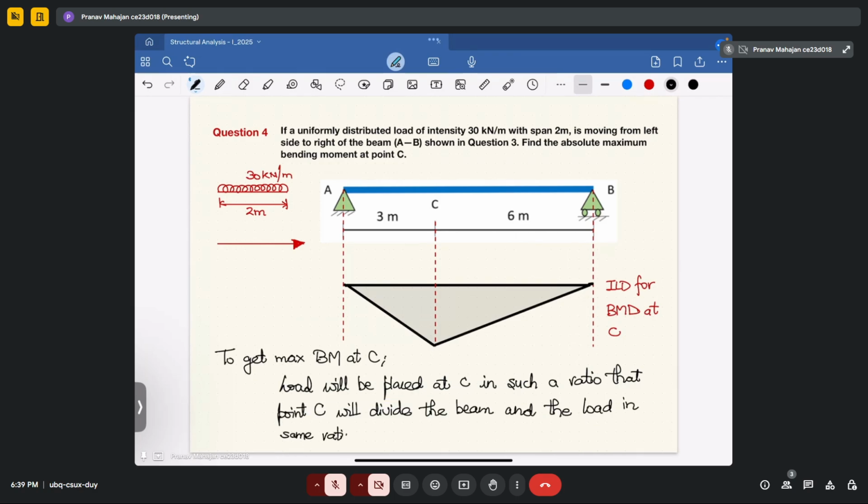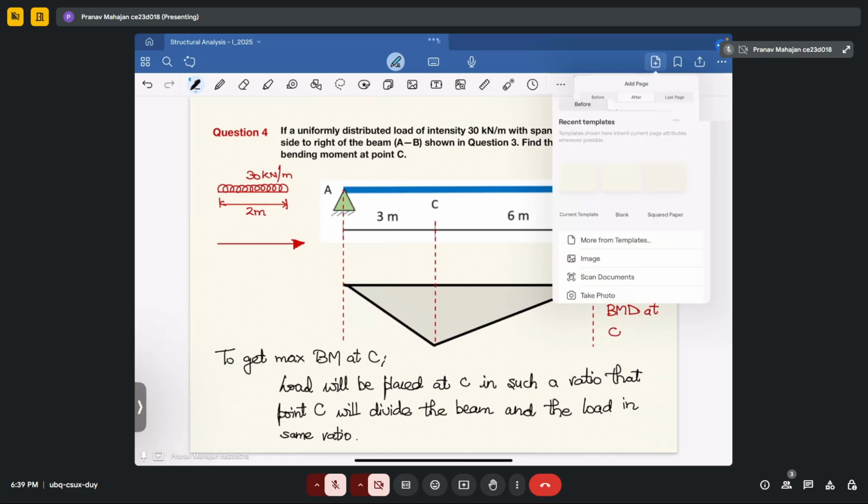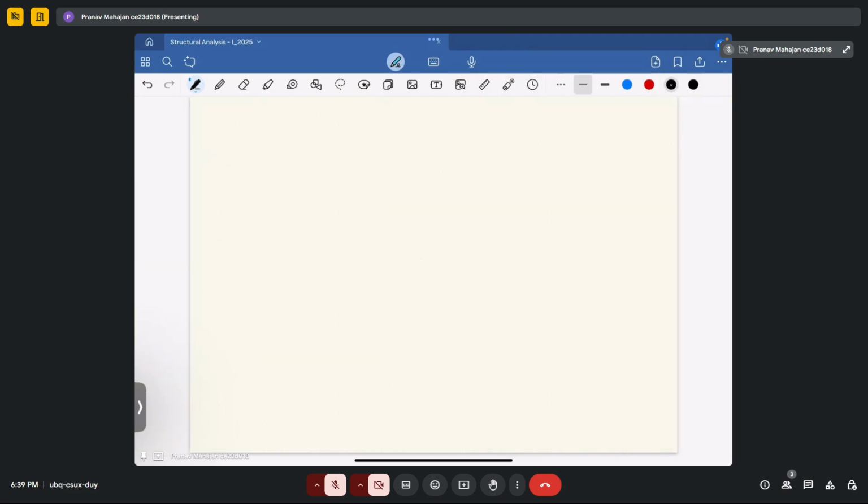Okay, now it's understood. That means you are expected to divide the load based upon the ratios distributed of the beam.